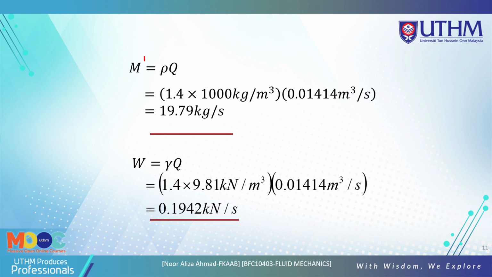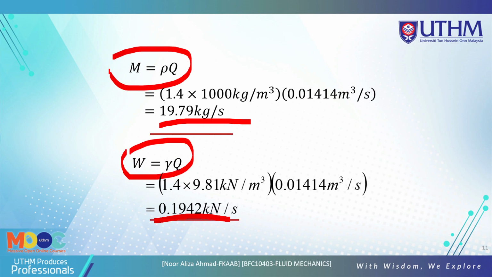Using the mass flow rate, you just put the density times the Q, so you get the value here in kg per second. And with the weight flow rate, you get the value here in kilonewton per second. So you just use this formula and this formula.